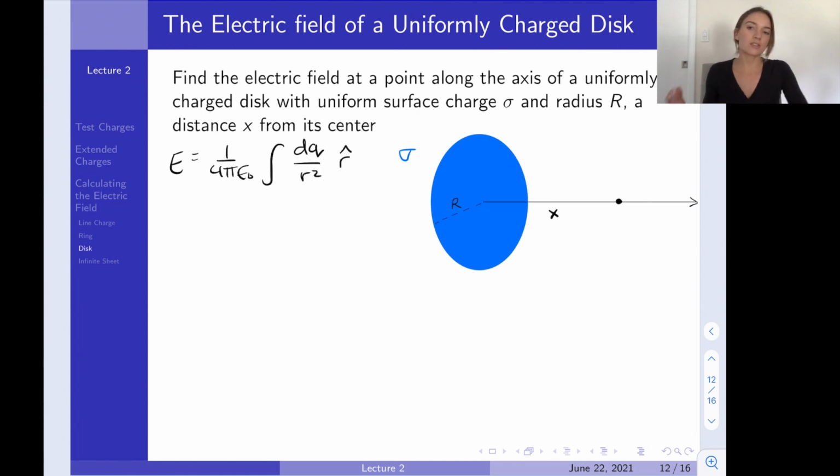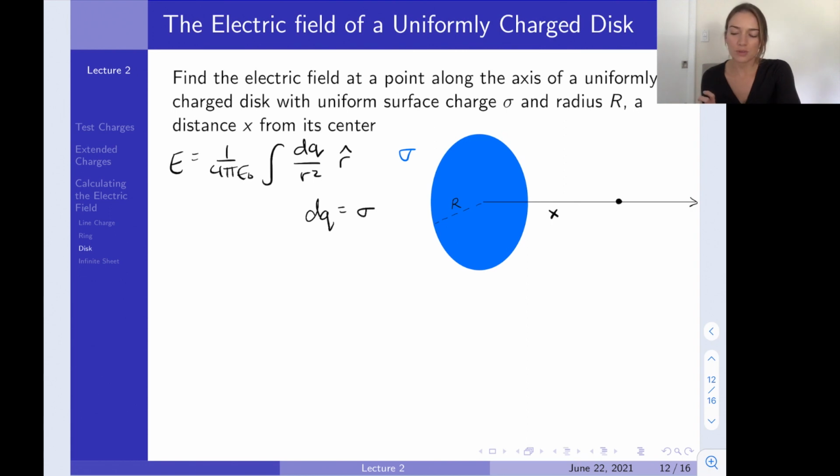All right, so let's start figuring out what dq is. Well, we have sigma, so we know it's going to be at least sigma, right? Because we're integrating, our infinitesimal charge is our surface density sigma.